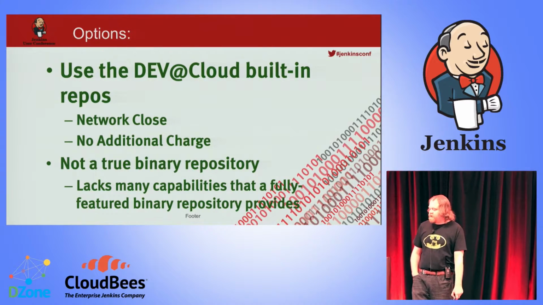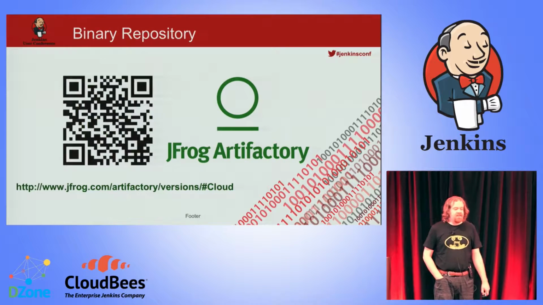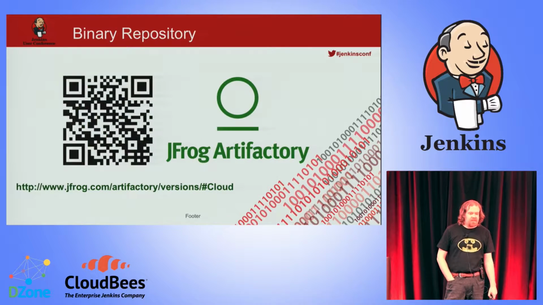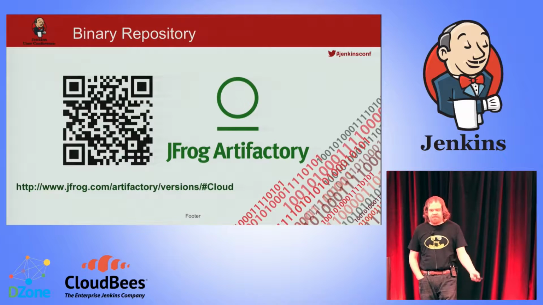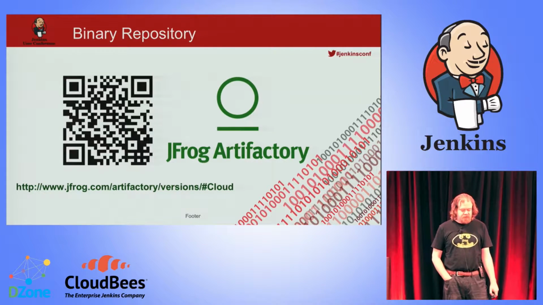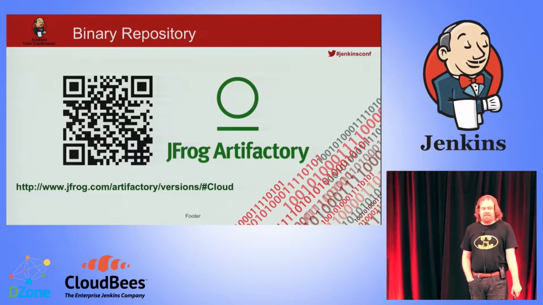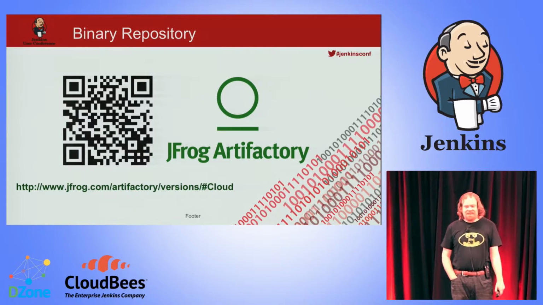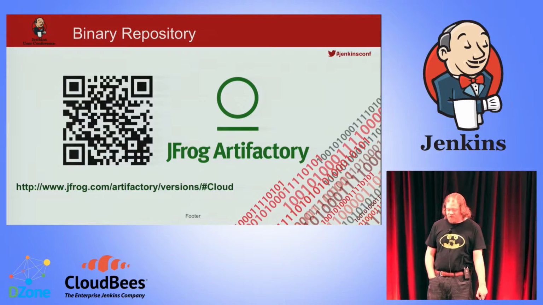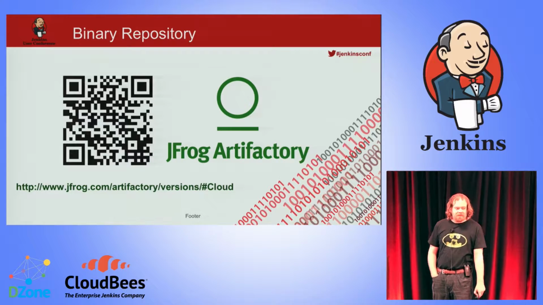Because the solution to this problem is JFrog Artifactory and our cloud offering. And in fact, you can get this straight through DEVcloud, or you can get it through the JFrog website. I, of course, had an Artifactory Online instance before this talk, so I got it through the JFrog website, but you can also get it through DEVcloud.